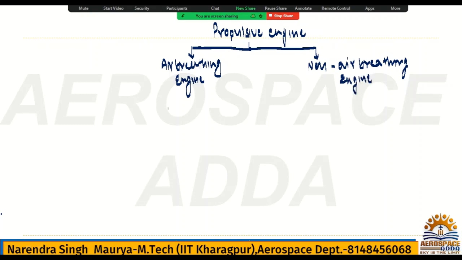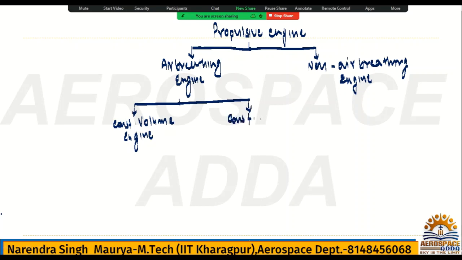In this air breathing engine, we have seen the types of engine. It was basically a constant volume engine and a constant pressure engine.